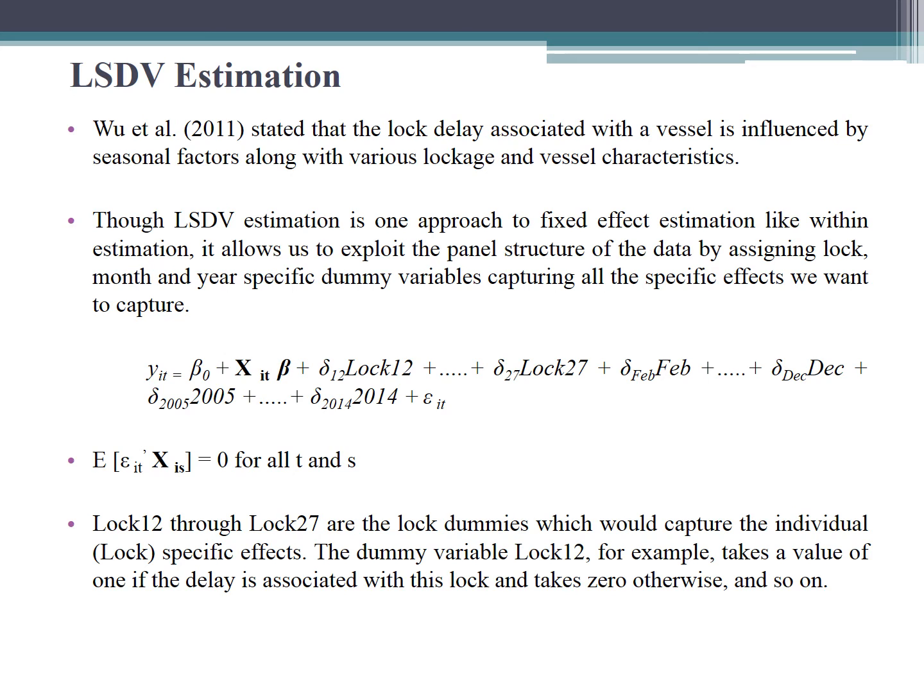Otherwise, we will have multicollinearity if we include them. So the only assumption needed is that the error terms are uncorrelated with the explanatory variables for all time periods, as we did for the random effect and fixed effect estimation approach. We can define the dummy variables as, for example, for lock 12, it takes a value of 1 if the delay is associated with lock 12, otherwise 0, and so on.